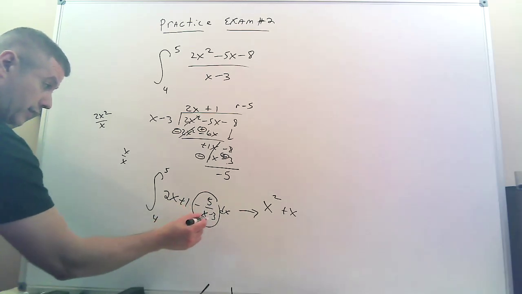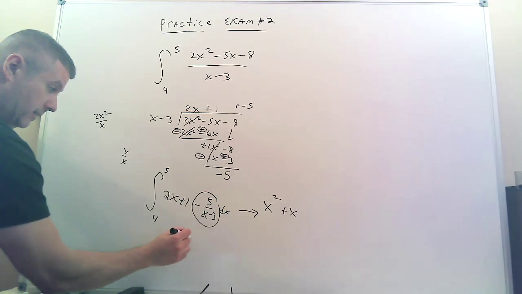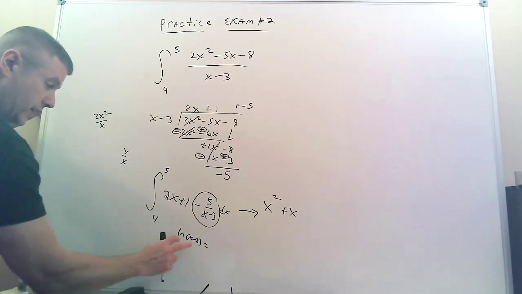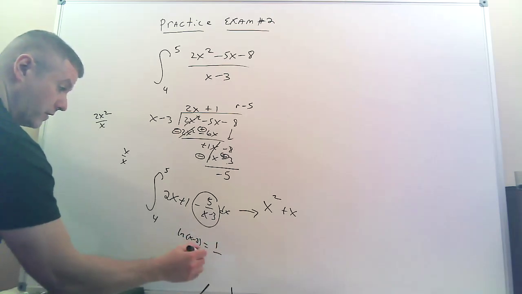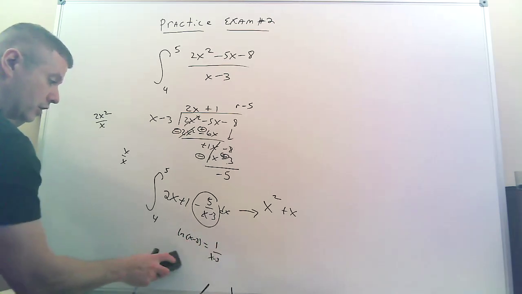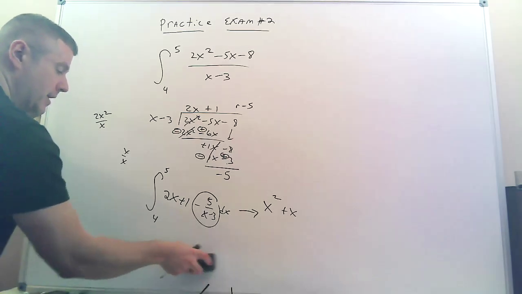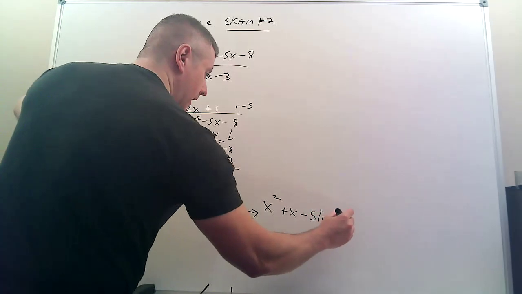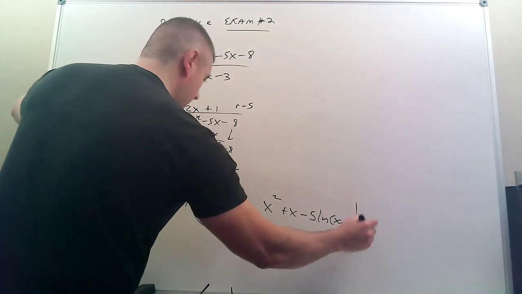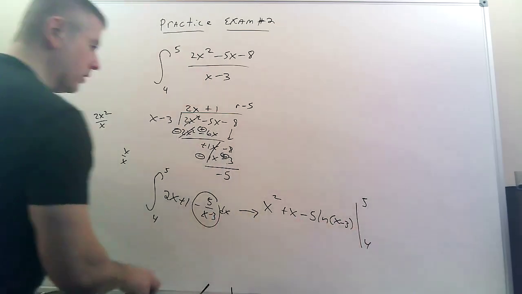So if you take the derivative of ln |x minus 3|, you get the derivative on top, which is 1, and x minus 3 on the bottom. So I can just take that -5 and keep it in the front. That's exactly what you do. You put -5 ln |x minus 3|, and then I'm going to evaluate that at 5 and 4.